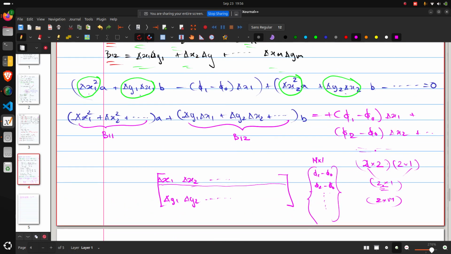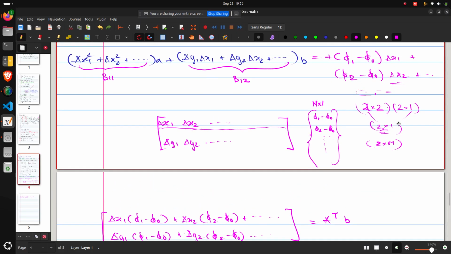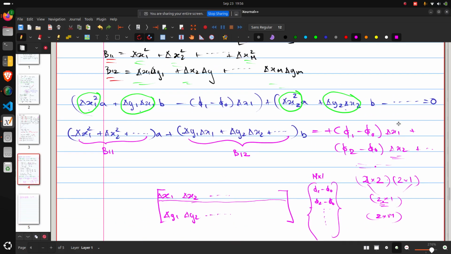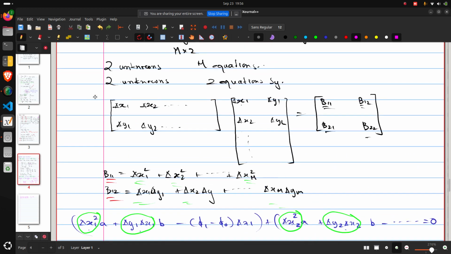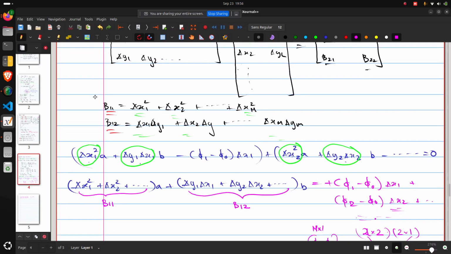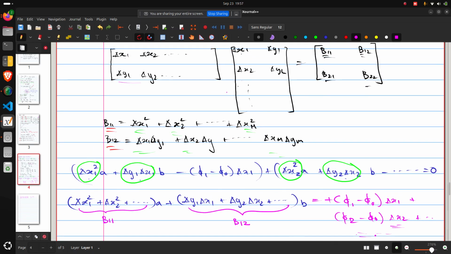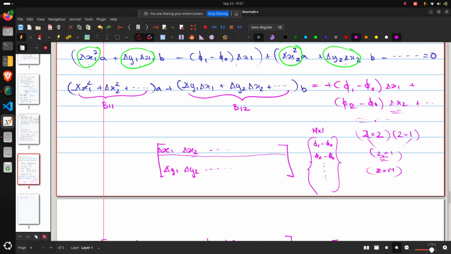So now we can have an expression for this. This is nothing but the first element of the A transpose B vector that we get. Also, now looking at the B21 and B22 terms, B22 is straightforward: delta y1 whole square plus delta y2 whole square plus so on and so forth.